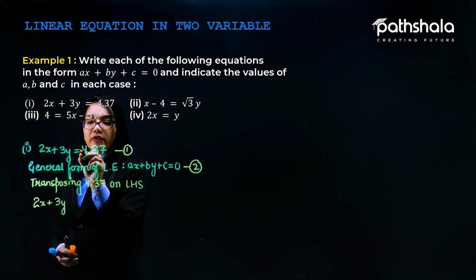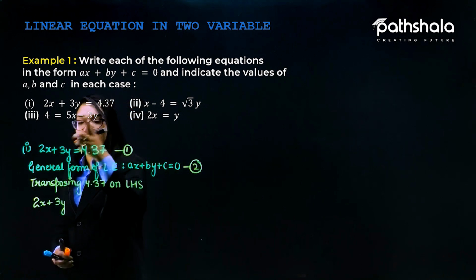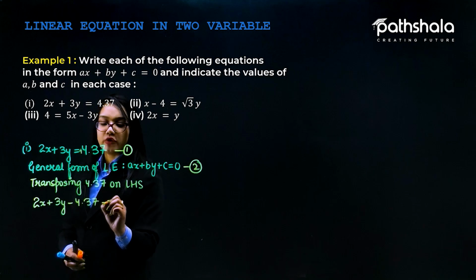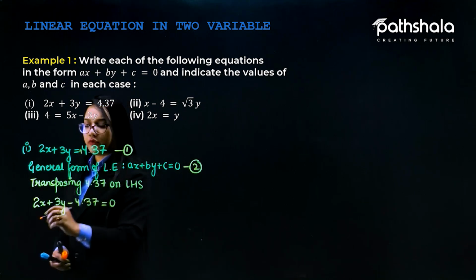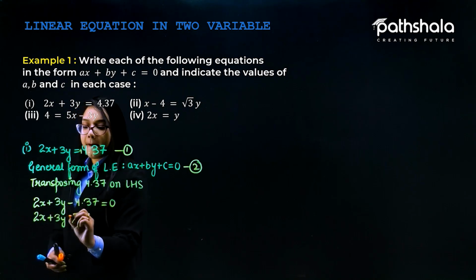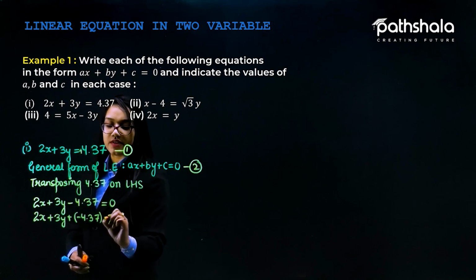If it is positive over here, then when it gets transposed from this side toward this side, it will be negative 4.37, which is equal to 0. Furthermore, we can write this equation as 2x plus 3y plus of minus 4.37 is equal to 0.